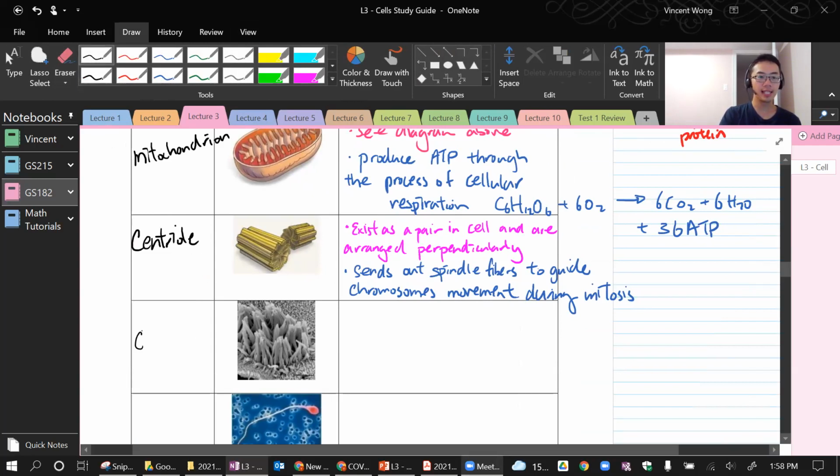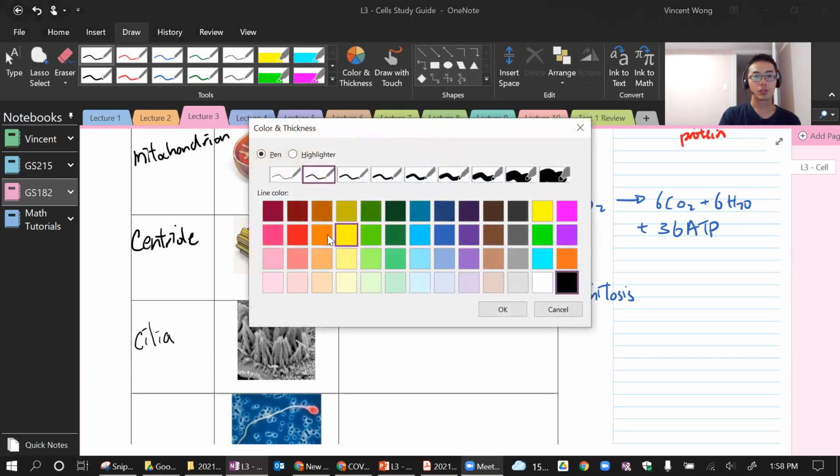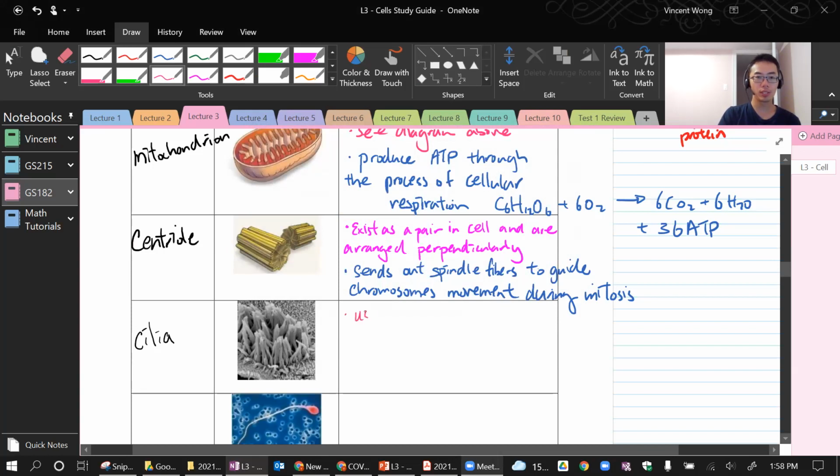Next, we have cilia. In terms of description, they usually cover the entire cell. What do we use them for?